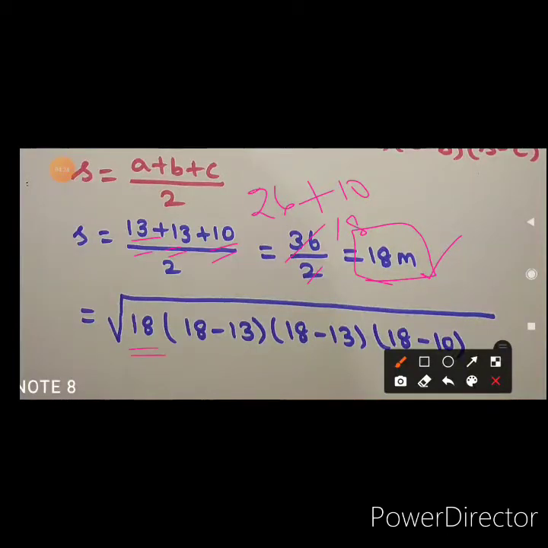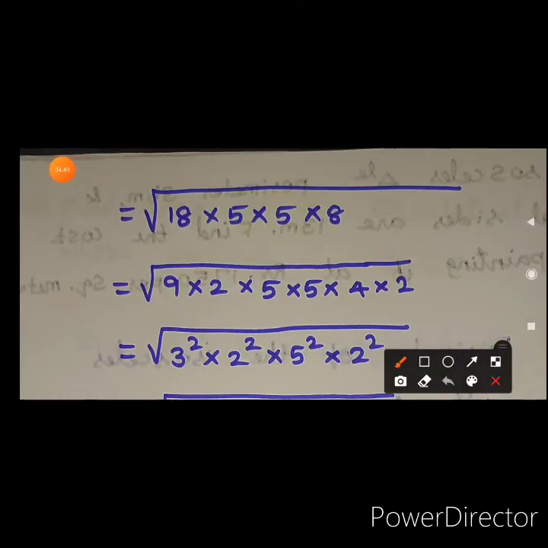We are substituting in the formula: 18 into 18 minus 13, 18 minus 13 and 18 minus 10. 18 minus 13 is equal to 5, and 18 minus 13 is equal to 5. 18 minus 10 is equal to 8. Now we are splitting the greater values.